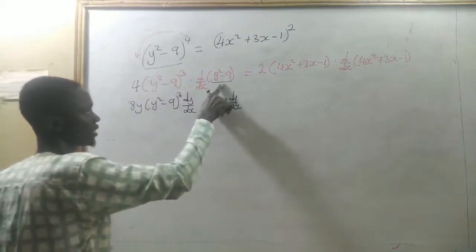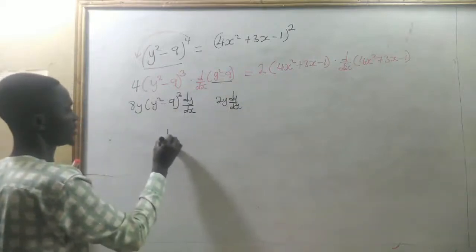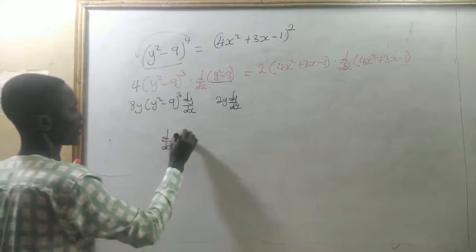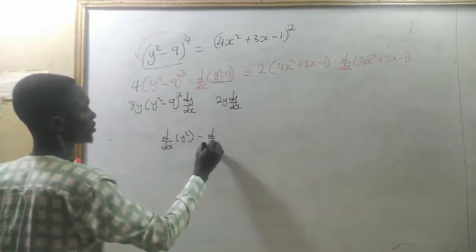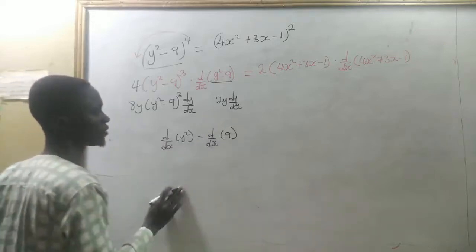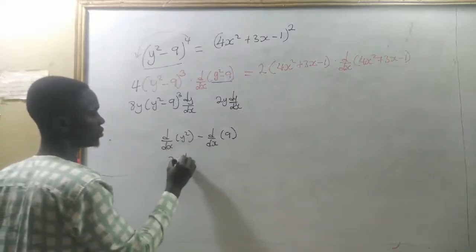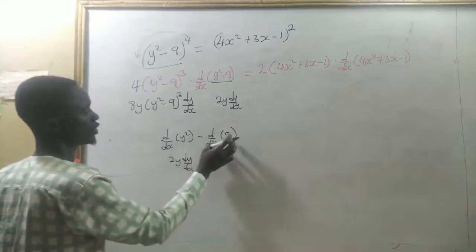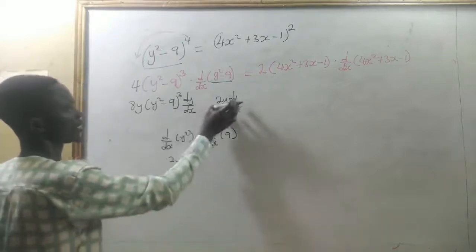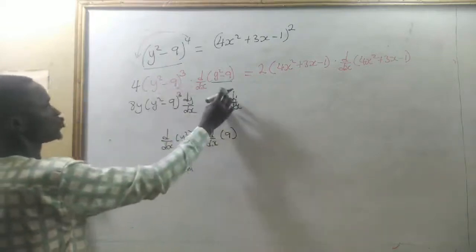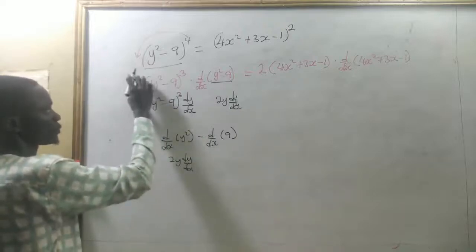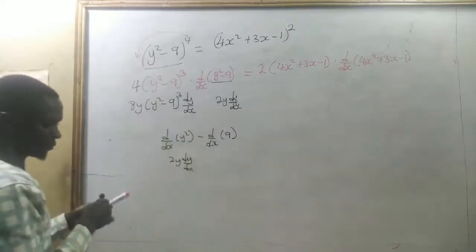Note how we differentiated this. This is the same as d dx of y squared minus d dx of a constant. If we differentiate this, you get 2y; if we differentiate the constant, you get 0. So that is why we get this. Multiplying the 4 by 2y, we get 8y.